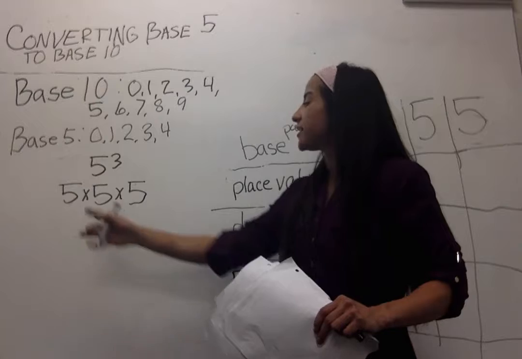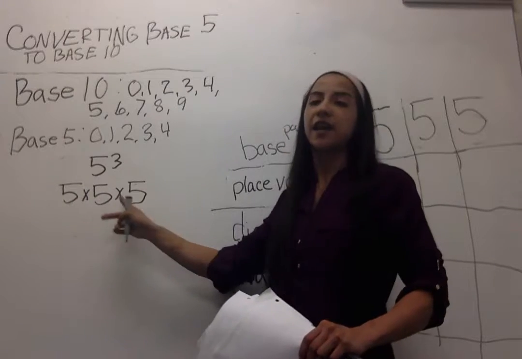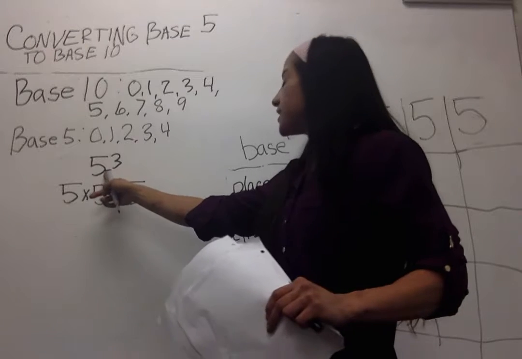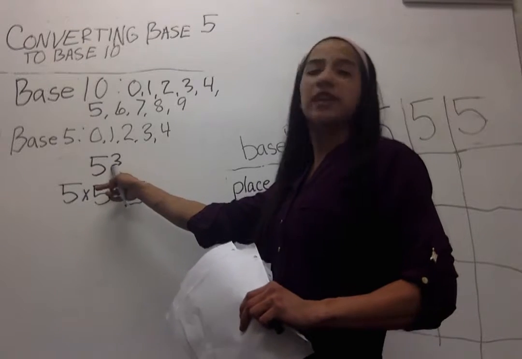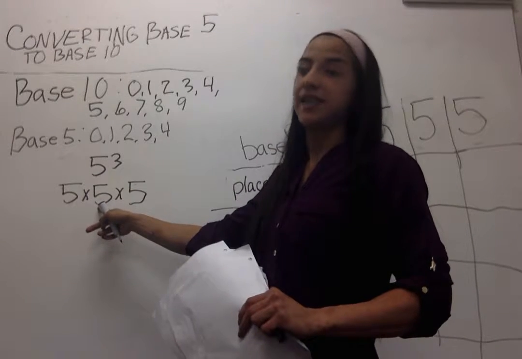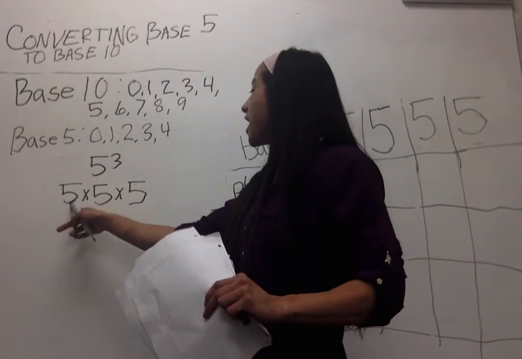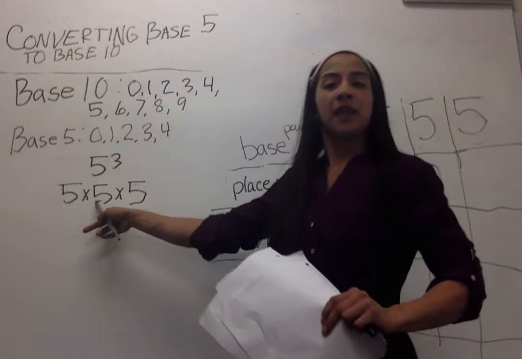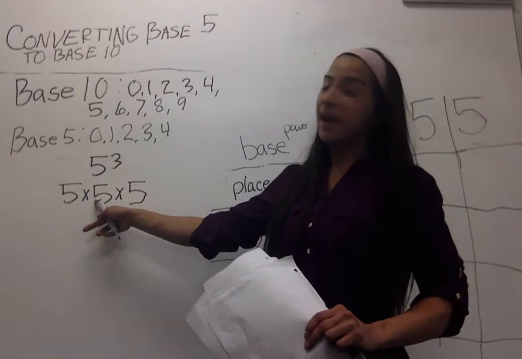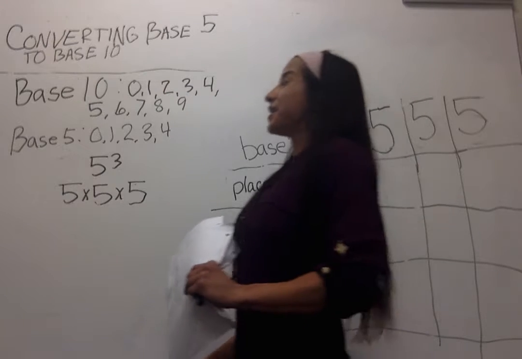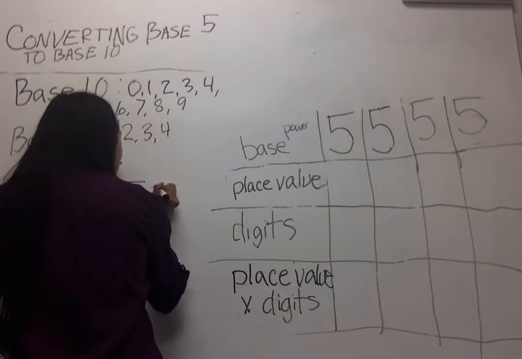So it would be 5 times 5 times 5, because the 5 is the base, the 3 is the power, and that's how many times you are going to multiply it by. So 5 times 5 is, good job, 25, times another 5 would be, good job, 125.